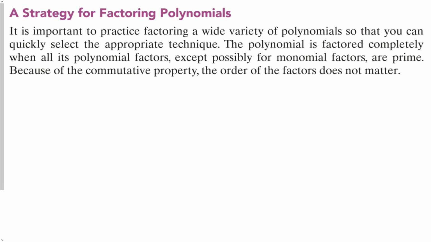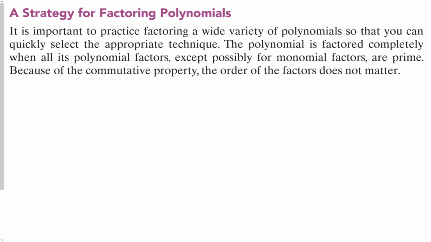So let's talk more of a general strategy. There's a lot of different techniques that we just went through in this section so far. We factored out a greatest common factor. We talked about grouping. We did polynomial or trinomials. Then we talked about the special products, difference of two squares, perfect square trinomials, and now we just did the difference of cubes.